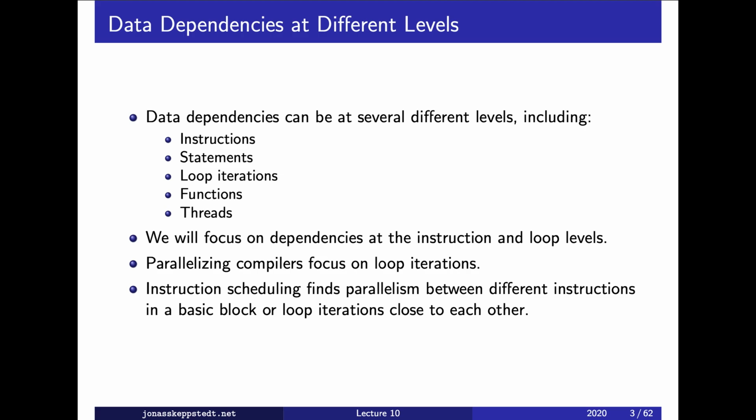Clearly, instruction scheduling needs to know about the dependencies between instructions, but also, using something called software pipelining, we can execute some iterations concurrently. And these iterations are close to each other.